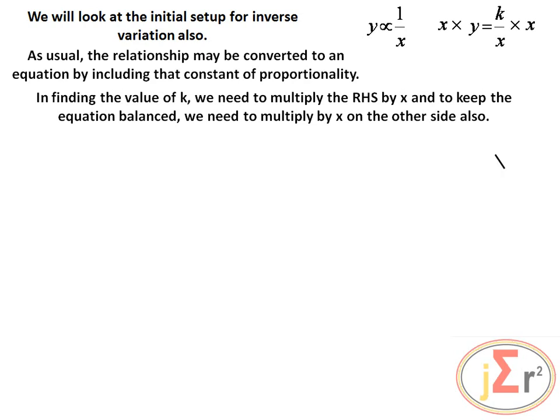So eliminate those from that side. And what do we know? K is the product of x and y. So rewrite the equation with k on the left hand side. What do we have? K is equal to x times y.